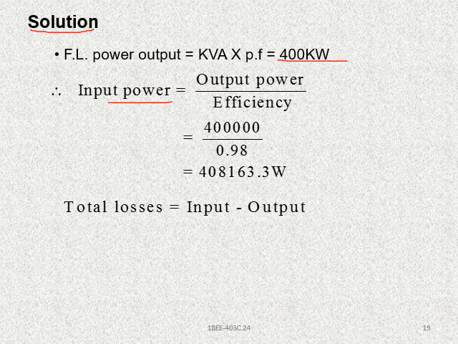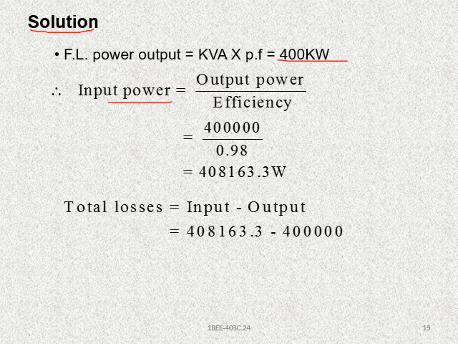and from this we can easily calculate the total losses as input minus output. We know the input power and the output power. That can be clearly obtained as 8,163.3 watts. And this shows us the total losses of iron and copper.